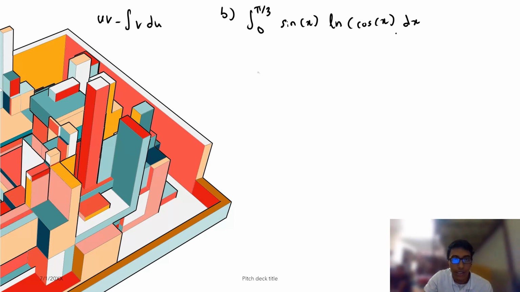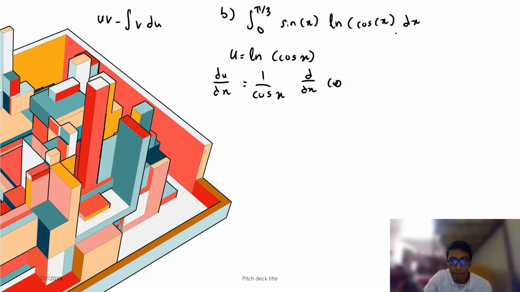So we need to get the u first. It is ln cos x, and we differentiate it: 1 over cos x times d over dx of cos x, so the answer is 1 over cos x times negative sin x.